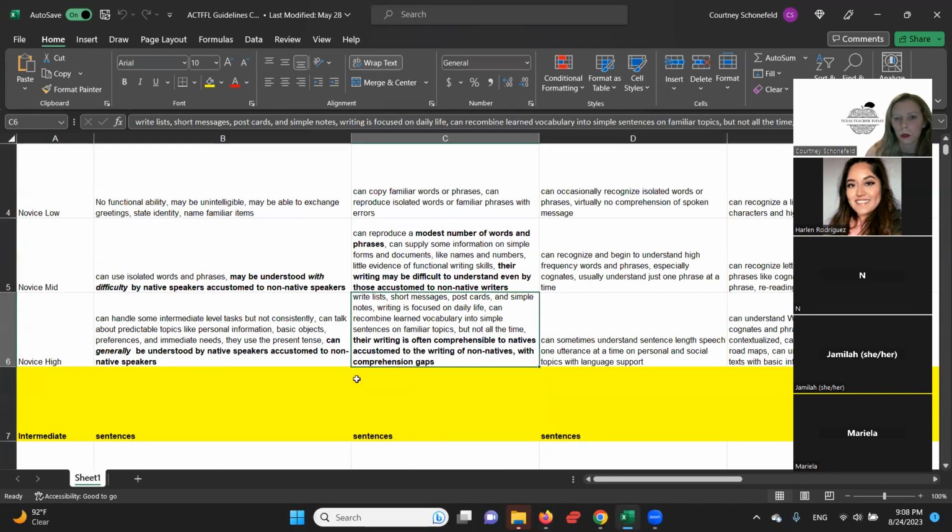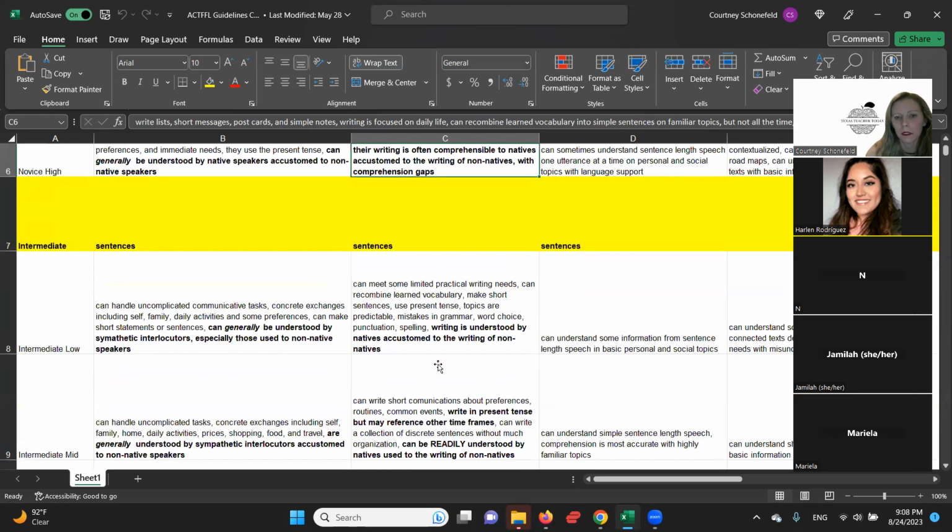They can write lists, short messages, postcards, simple notes. Sometimes they can make sentences because they're in novice high. So sometimes they can do this, which is an intermediate skill, writing a sentence. Their writing is often comprehensible to natives accustomed to the writing of non-natives with comprehension gaps.